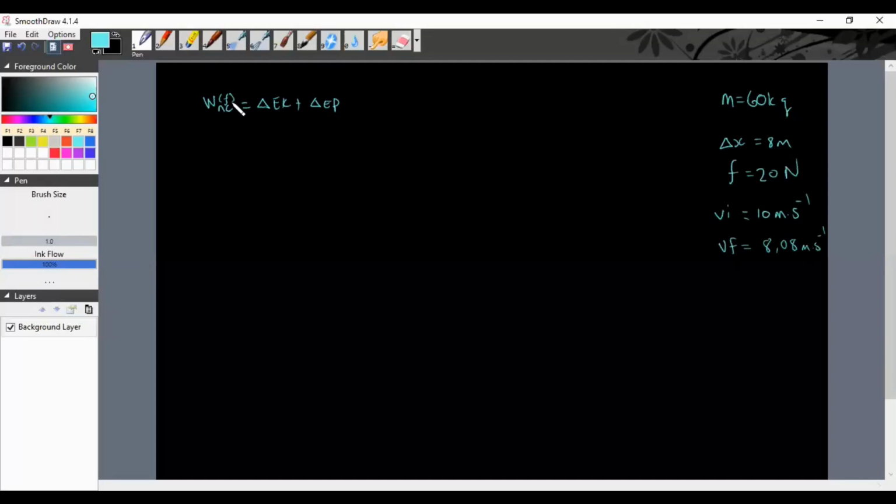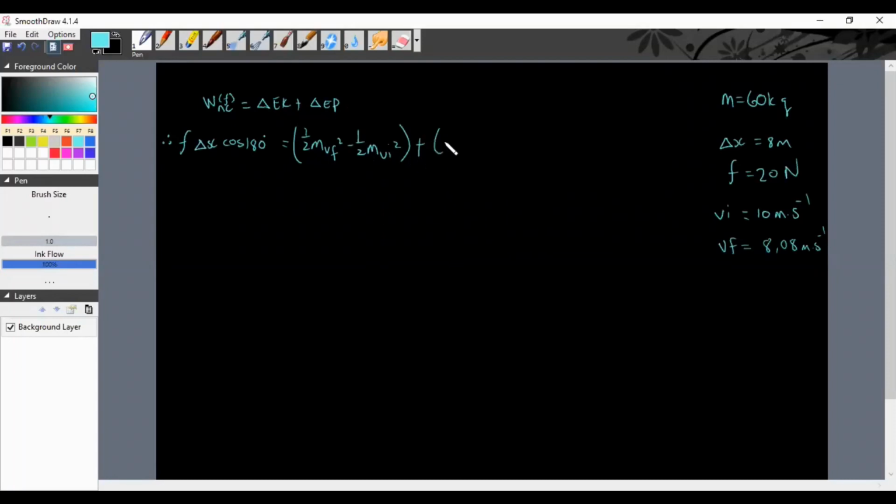The work done by friction is given by the frictional force, delta x, cos 180 degrees, which is equal to the change in EK, which we expand: half m VF squared minus half m VI squared, close bracket, plus the change in EP, which is mgh final minus mgh initial.